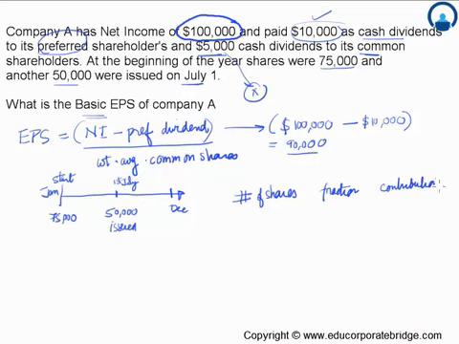So I'll just explain what this is all about. We are trying to create a table where along with the date we write the number of shares and the fraction of time for which it is valid and its ultimate contribution. So let's look at what happens here. I'll put the date as 1st Jan, and on 1st of Jan the number of shares was 75,000. Till how many months was this 75,000 valid during the year?